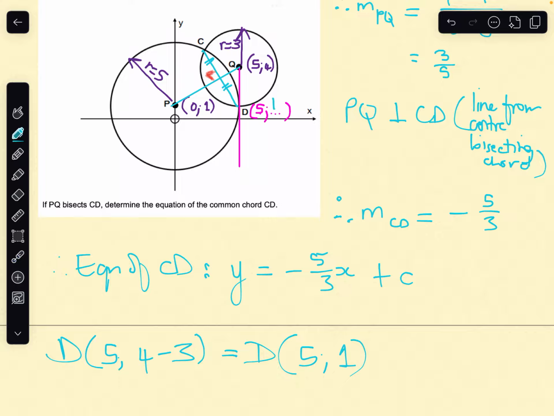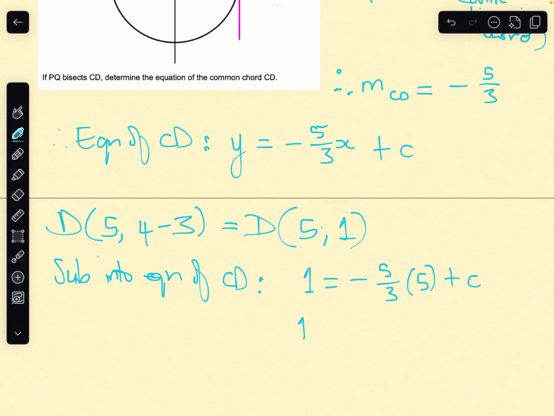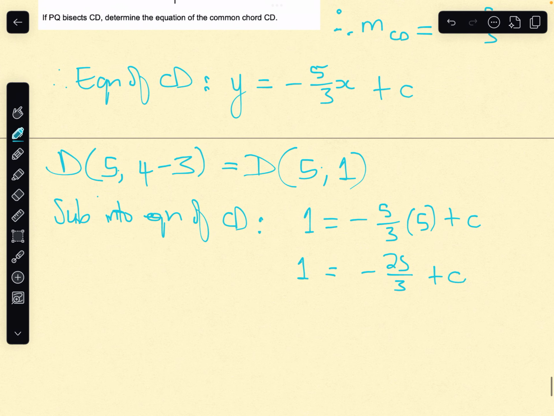Excellent. And so now we can sub in this point to figure out this last piece. So sub into the equation of CD. And so that would be 1 is equal to minus 5/3 times 5 plus C. I won't lie, these numbers are not making me feel warm and fuzzy inside, so I really hope that I have not messed up somewhere.